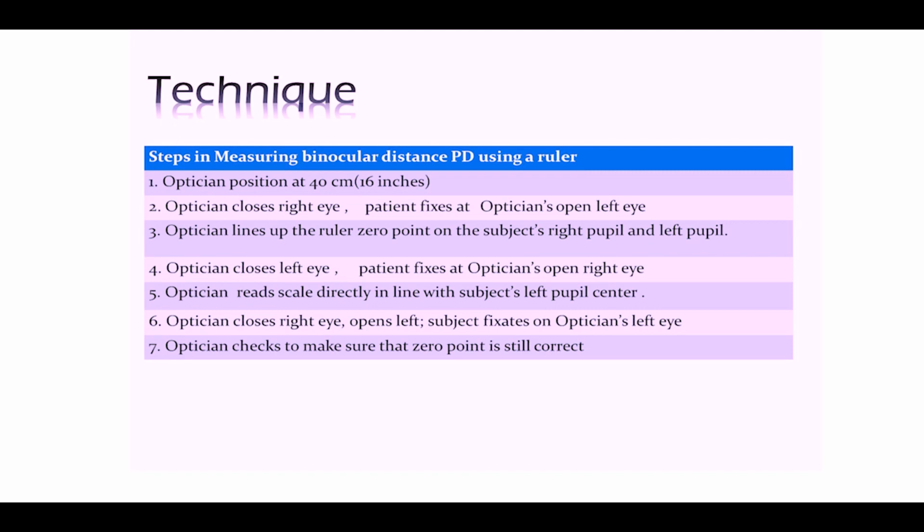Because accuracy of PD is very important to get better vision for the patient. So eventually, as a dispensing optician, you check to make sure the 0 point is still correct.